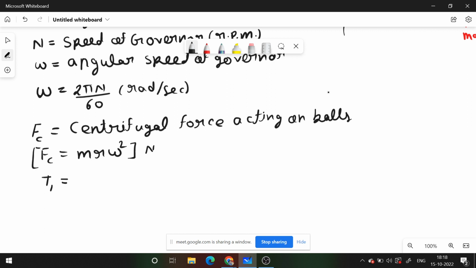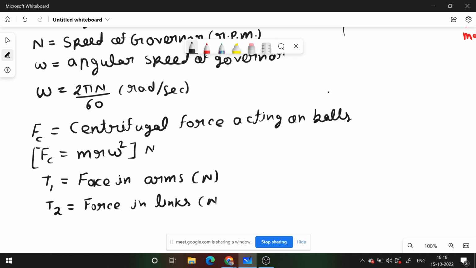T1 is equal to the force in the upper arms in newtons. T2 is equal to the force in the links in newtons.